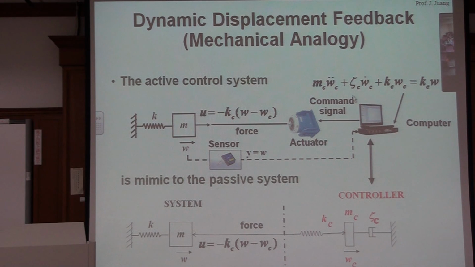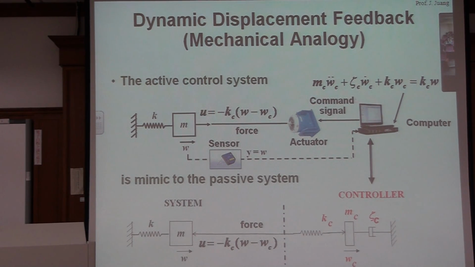And that displacement measurement in combination with the controller dynamics will provide the damping for the system.